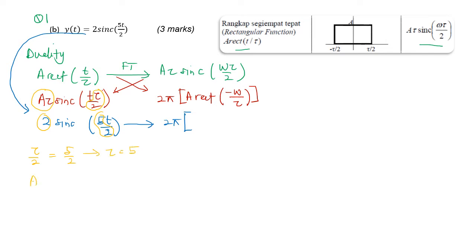Next, A tau equal to 2. Therefore, your A equal to 2 divided by tau, which is equal to 2 divided by 5. So now your A is 2 divided by 5, rectangular of negative omega over your tau, which is 5.